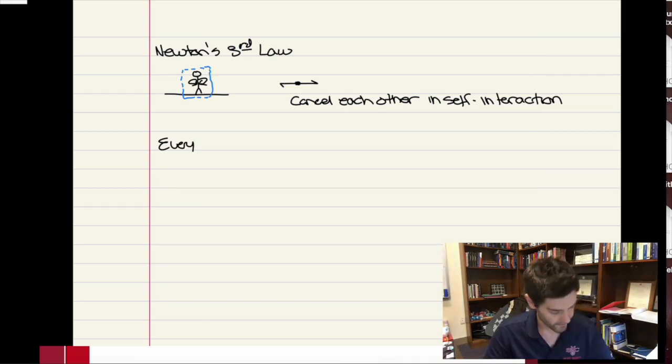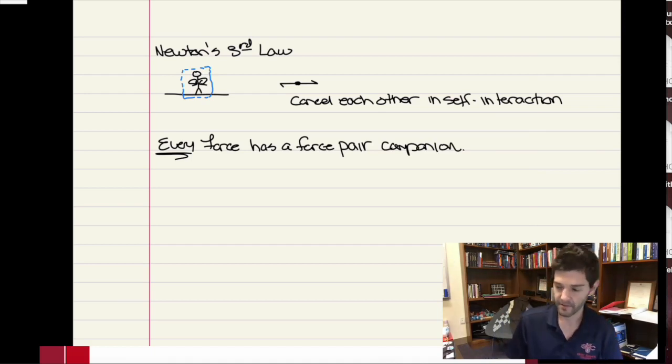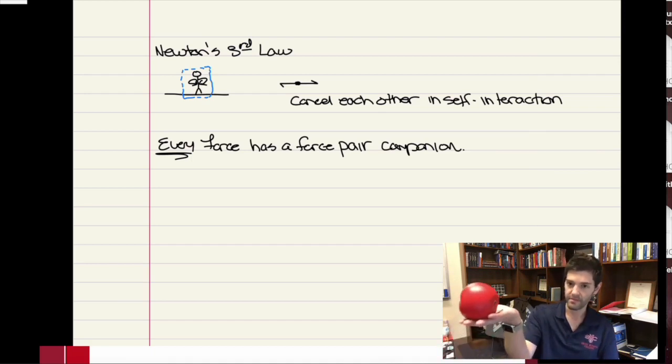We can take this a step further. And I could say this is also telling us that forces come in pairs. Maybe I'll say companion. Each force has a force pair companion. I push up on the apple, the apple is pushing down on me.